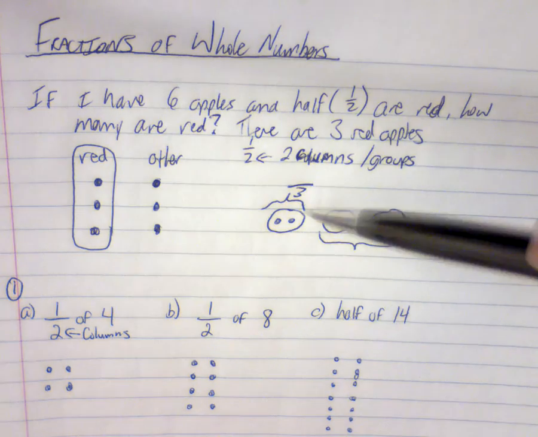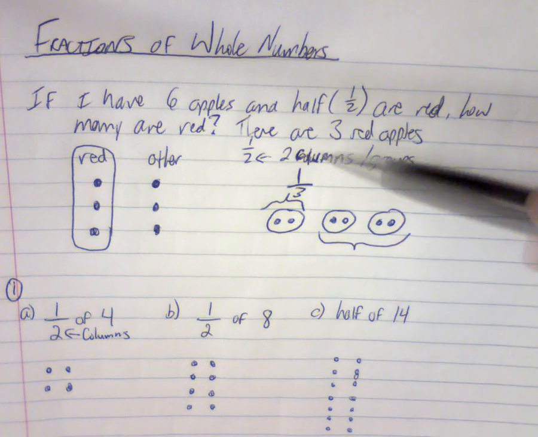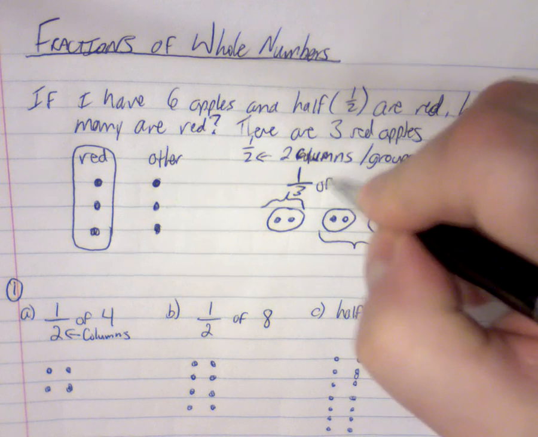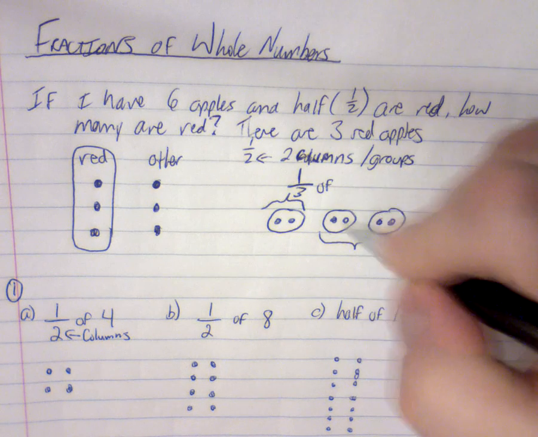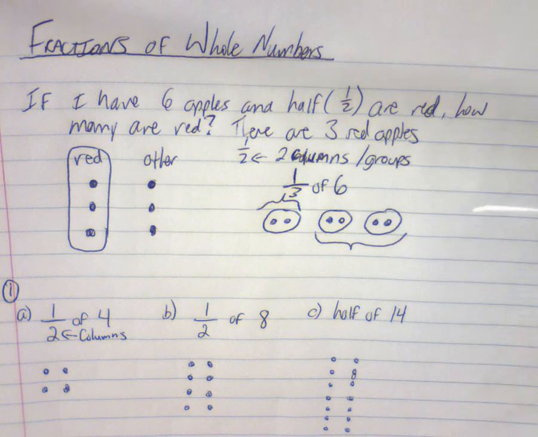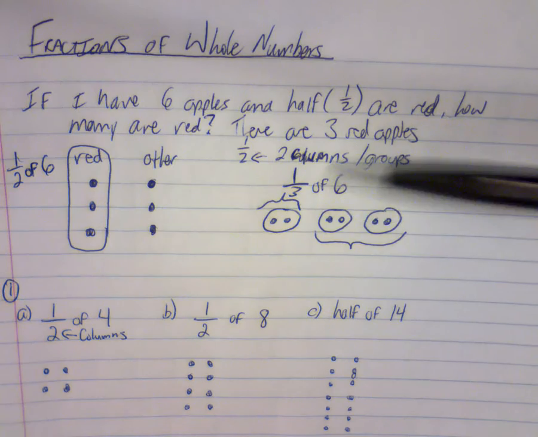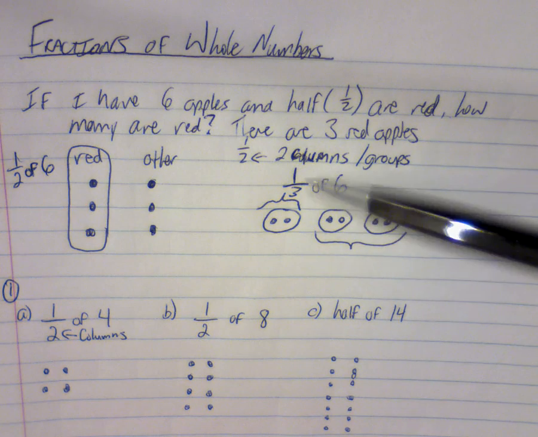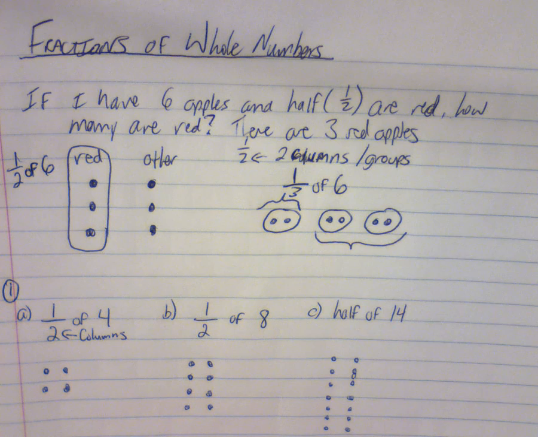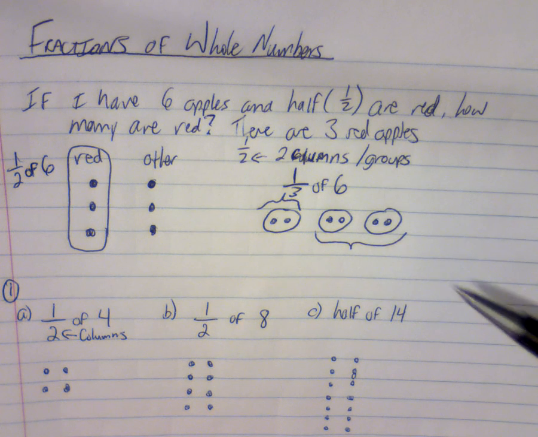This group is 1 of 3, so 1/3 of how many are in total? 6. So basically what we did here is 1/2 of 6, and now we're just doing it in a different way. 1/3 of 6.